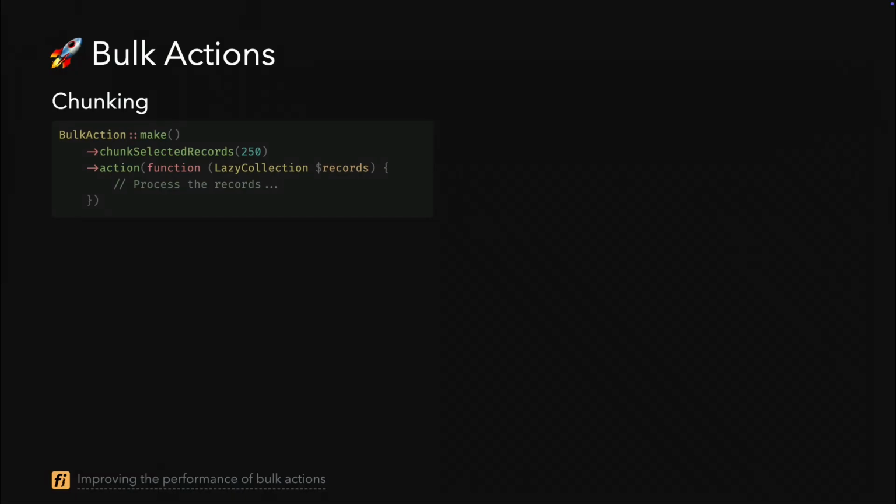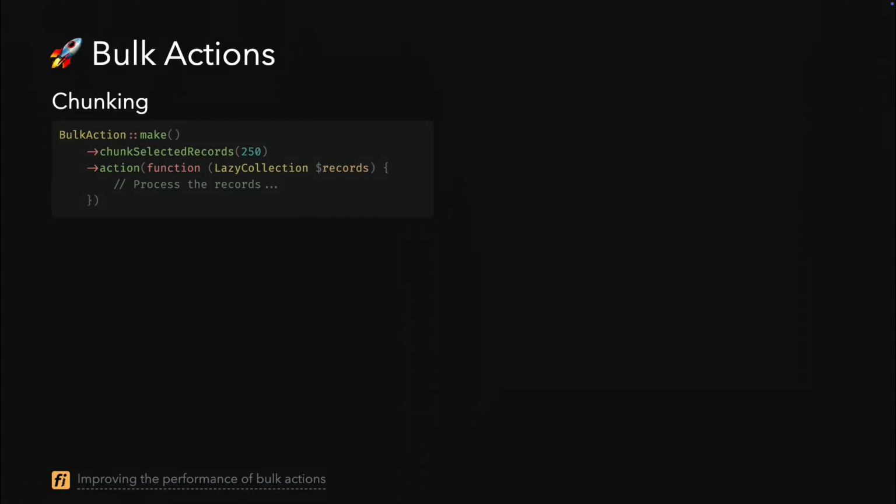Another thing that you can do now with bulk actions, if you have a large amount of data, is chunk the selected records. So you get a lazy collection with the records, which means not all the records are loaded into memory. If you have 10,000 records or more selected for a bulk action, that will probably lead to a memory issue at some point.